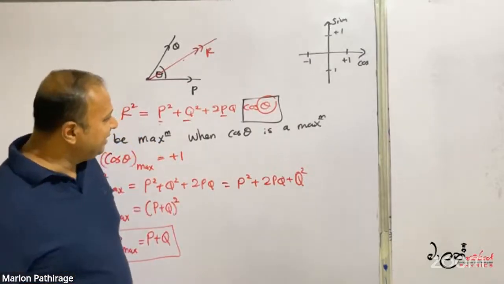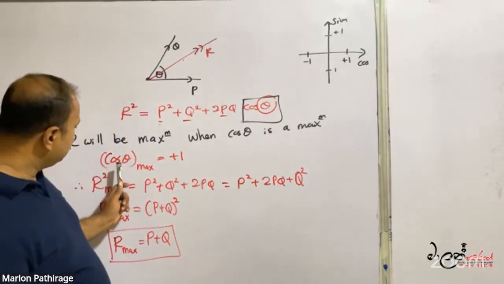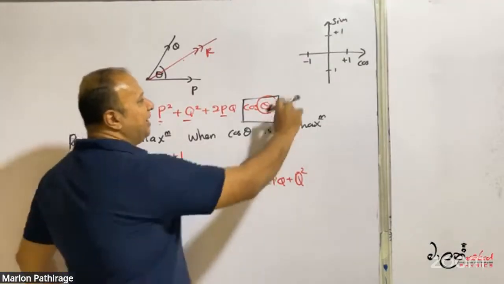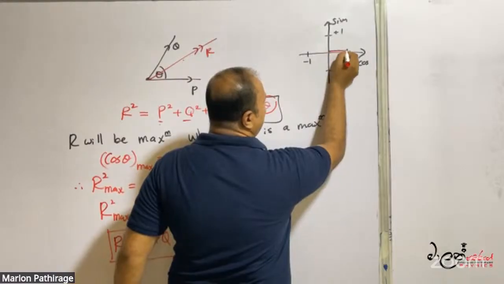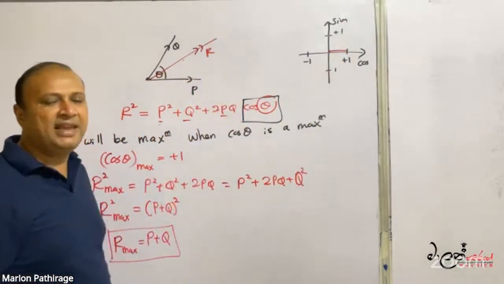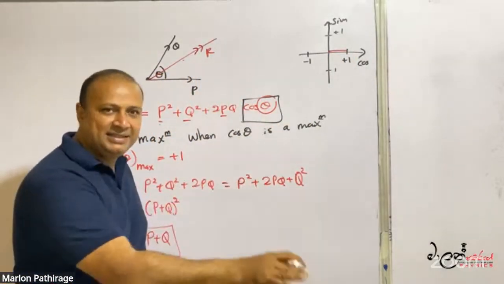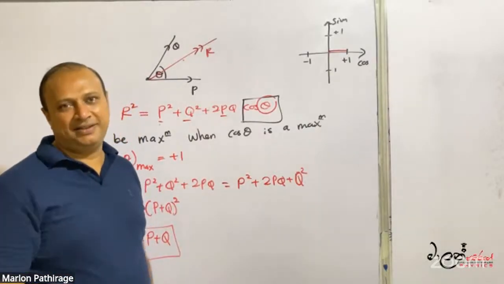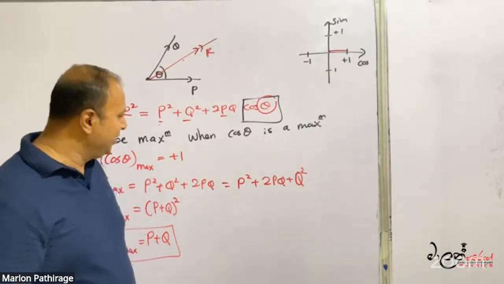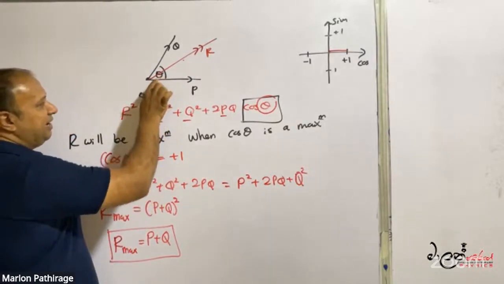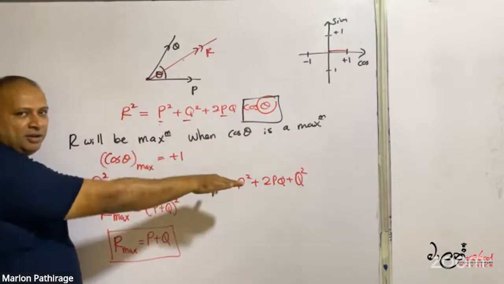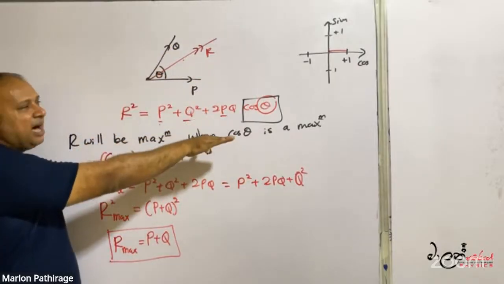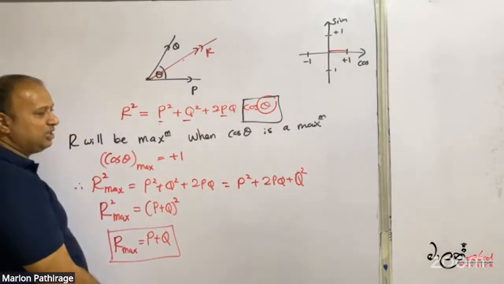So, definitely, cos theta is +1. Cos theta is equal to +1 when this angle is 0. When the angle is 0, cos theta is equal to +1. When this angle is 0 means when both vectors are into the same direction.